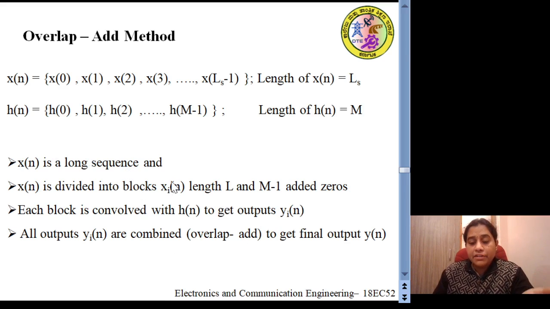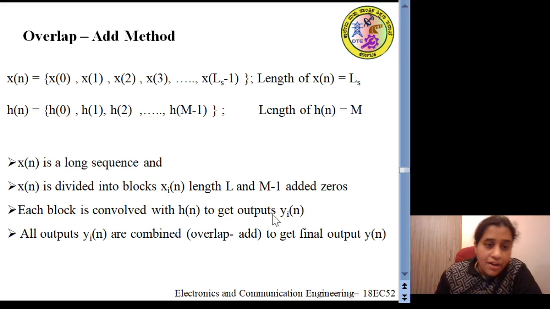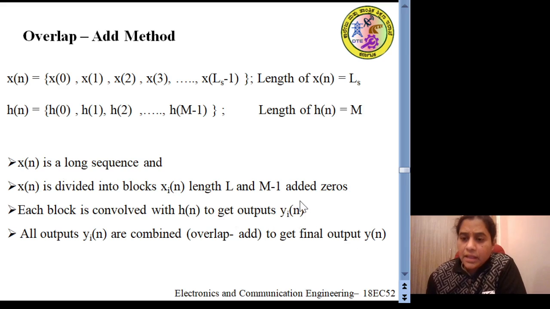Then the blocks have to be convolved with the given impulse response of the FIR filter to get the output blocks yi of n. At the end, we combine all the output blocks, employing the overlap add method to get the final output.